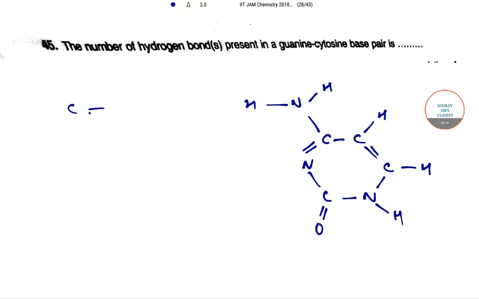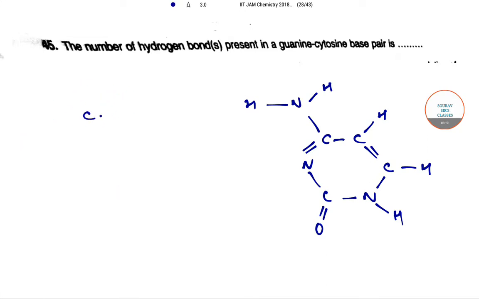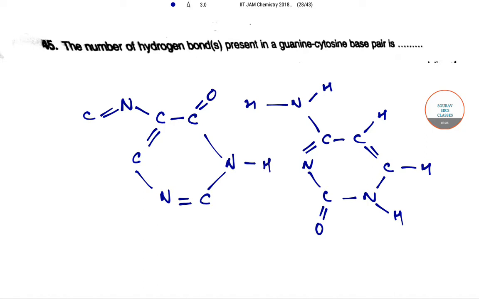And here this part has C double bond N, C double bond N, C double bond O, double bond C, nitrogen, double bond C, nitrogen, NH here, and again this part has a nitrogen here, and H here, and here this carbon has a nitrogen attached to it with a bond here, NH, and the H here.